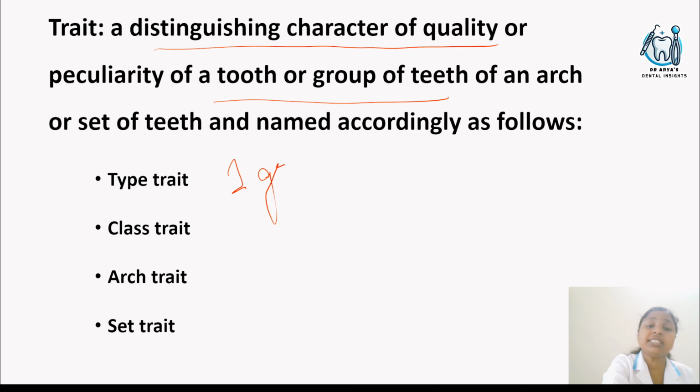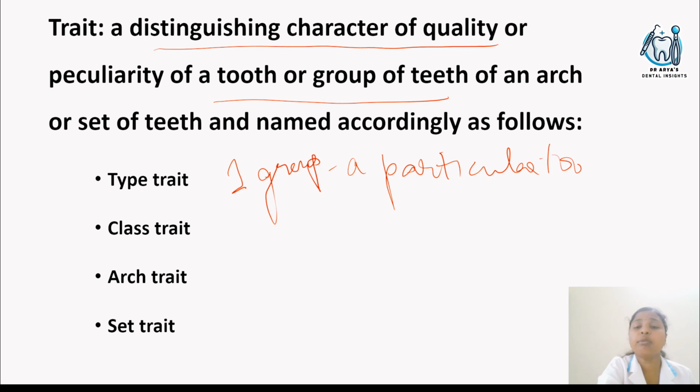So if it is a peculiarity or quality of one group of teeth, that is a particular tooth in one group, this is the type trait. The example is the feature between permanent maxillary central and lateral incisors.